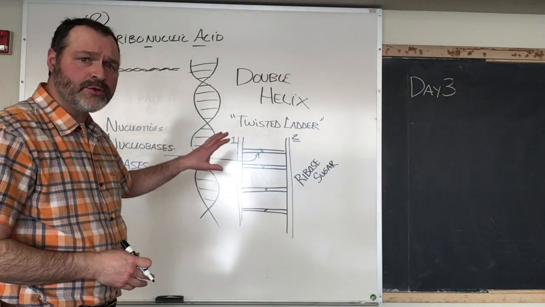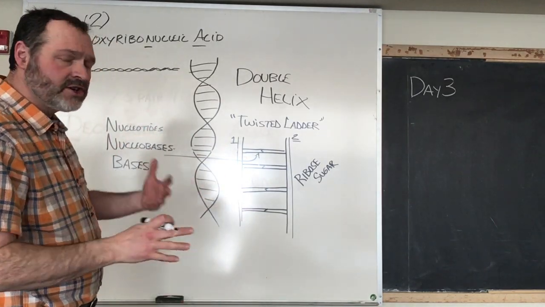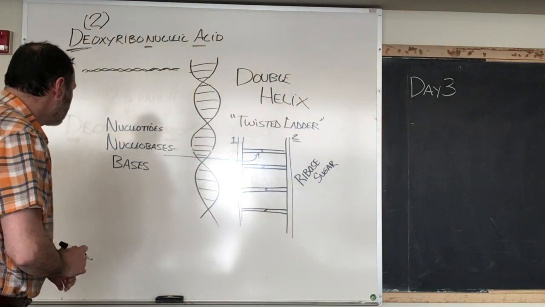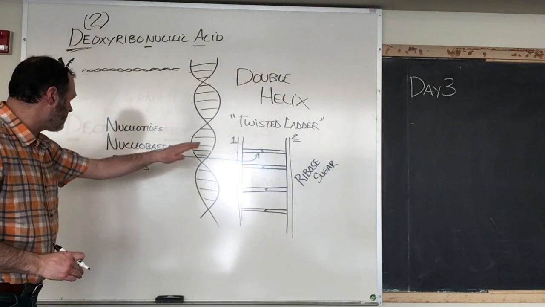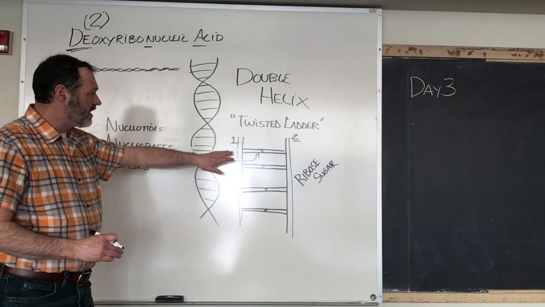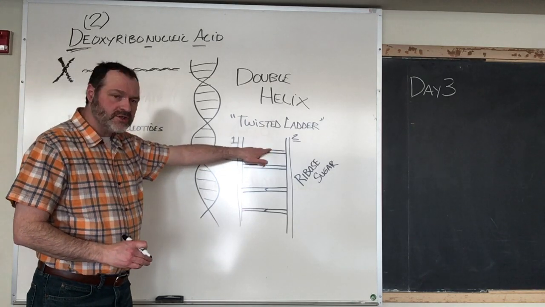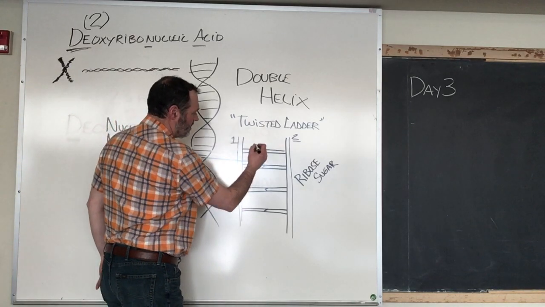So you'll see these three different words used kind of interchangeably in science texts. You've got the nucleotides, the nucleobases, or just the bases, the DNA bases. And so there's always two of them here in the middle.